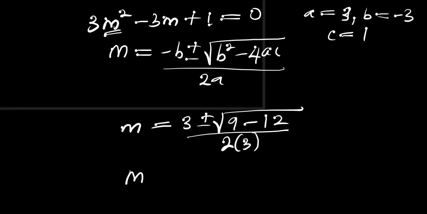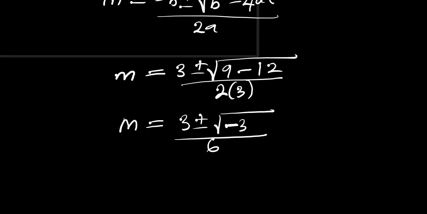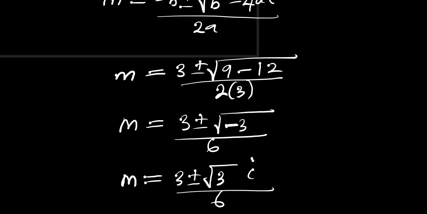We are going to have m equals 3 plus or minus root of negative 3, divided by 6. And because of this negative here, we can introduce imaginary number i. So we are going to have m equals 3 plus or minus root of 3 times i, divided by 6.